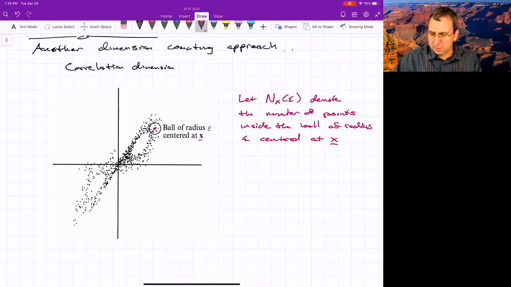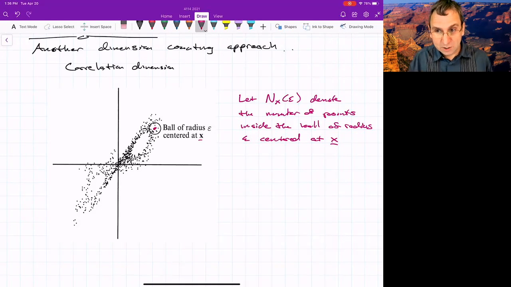You could think of N_x(epsilon), if this was the result of points going onto an attractor, either from a map or from an ODE, and you've discretized in time, as measuring how frequently a typical trajectory visits an epsilon neighborhood of the point x. Now vary epsilon.